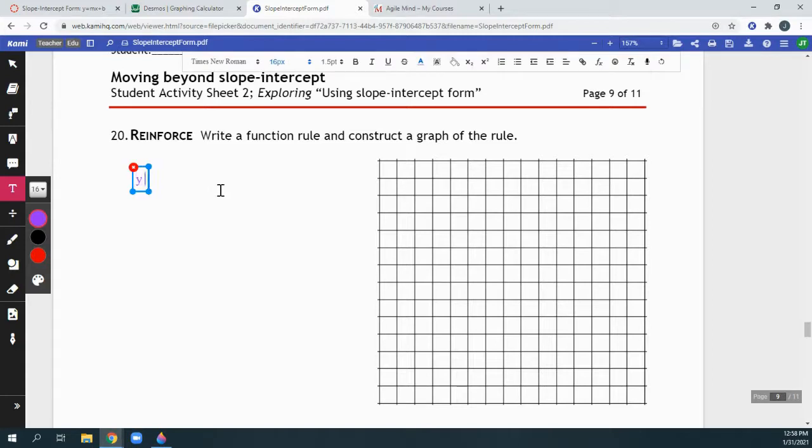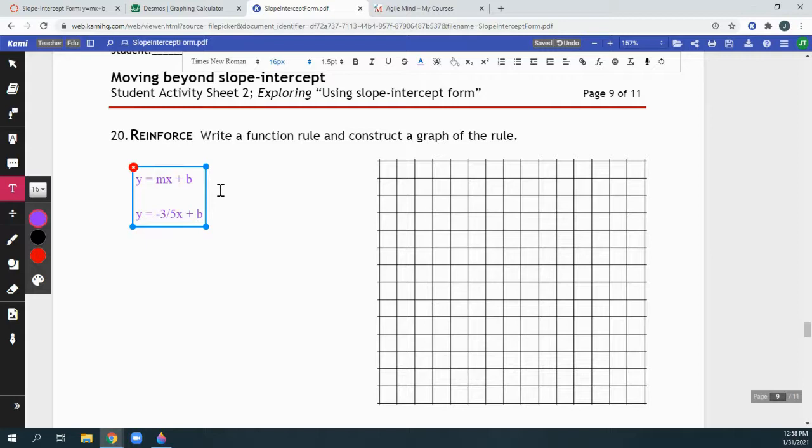Okay, y equals mx plus b. I would love you to make up your own. I'm going to put in the numbers, I don't know, -3/5 and 4. That'll be fun. Y equals -3/5 x plus b.